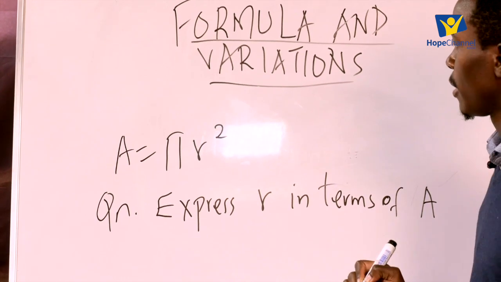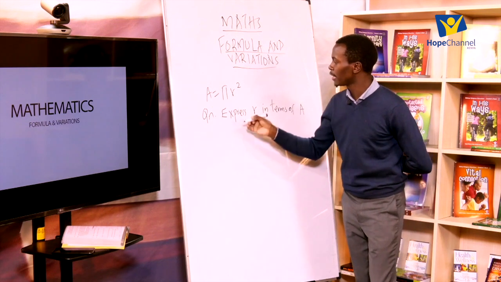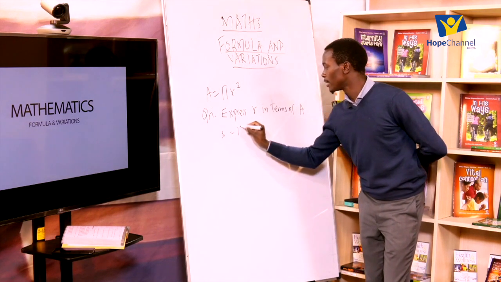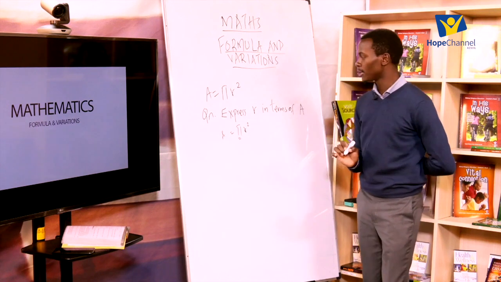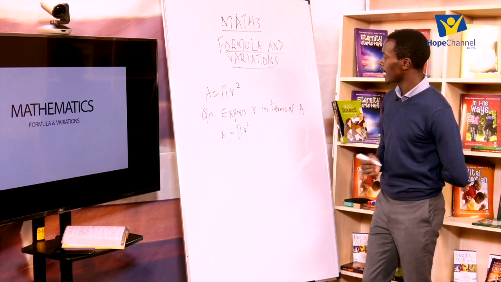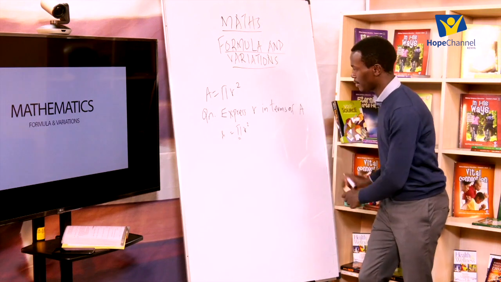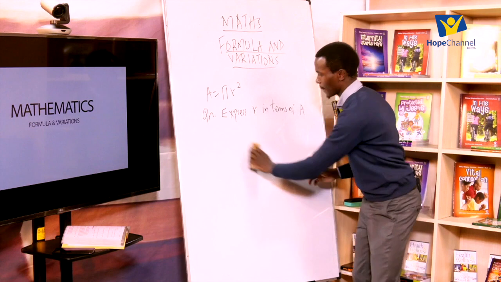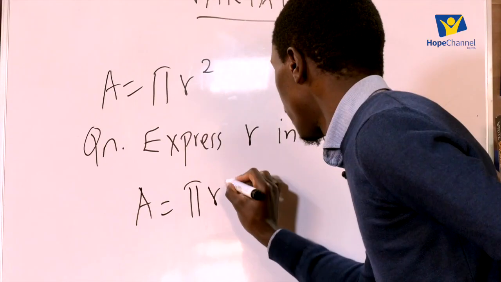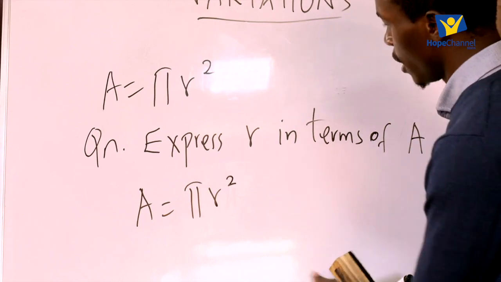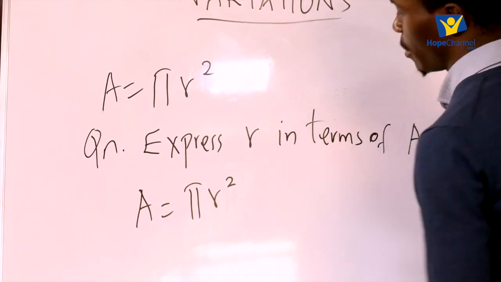Already the question in this case is giving us the quantities, the variables, that is a and r, because pi is basically a constant. So for us to express r in terms of a, the first thing you're going to do, let me clean this one here. A is equal to pi r squared. So we want to make a to be the rule while r to be the subject.